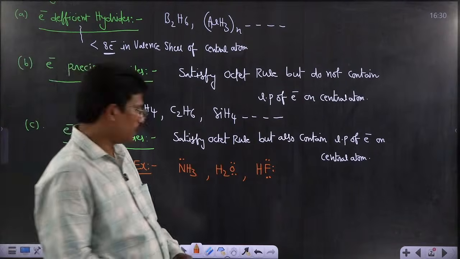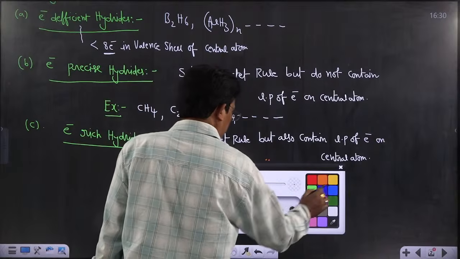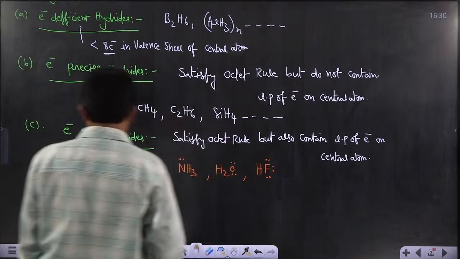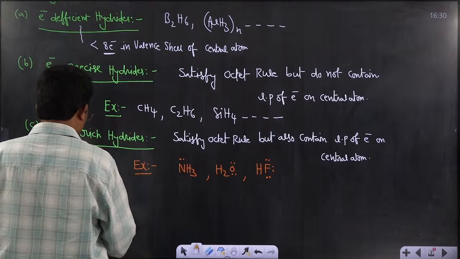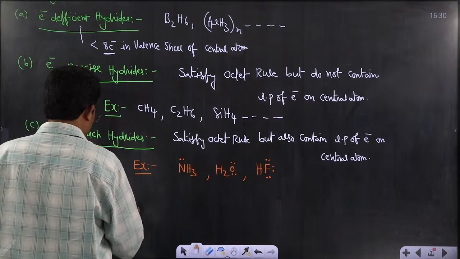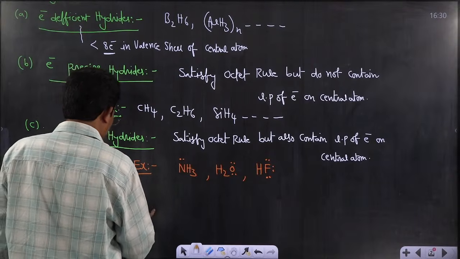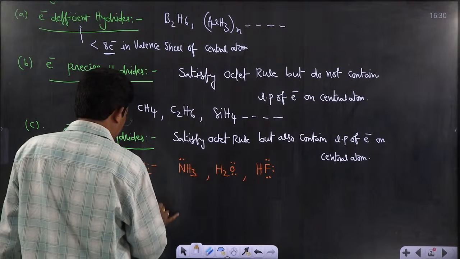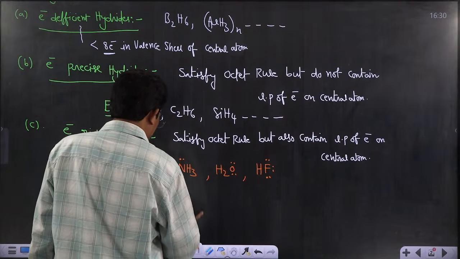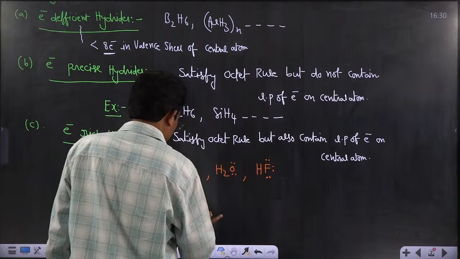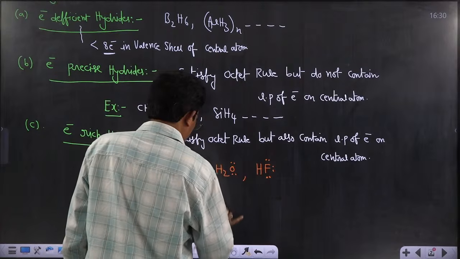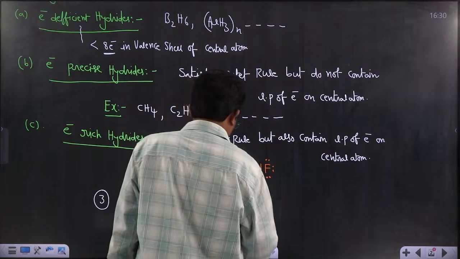Okay. Next, last type, third type hydrides, metallic hydrides. Metallic or interstitial or non-stoichiometric hydrides.